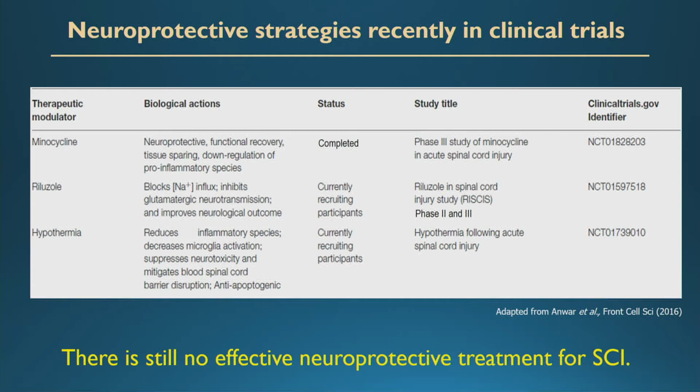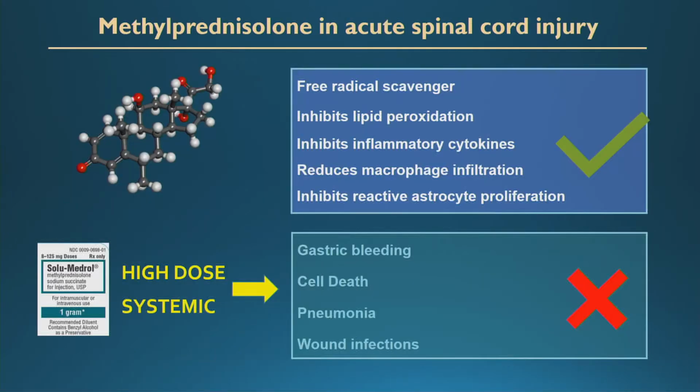However, at the moment, we don't have an effective therapy for spinal cord injury. It's very much needed. The drug that has been more studied is methylprednisolone. There were 3 clinical trials looking at the effects of methylprednisolone. I'll start by saying this is a very controversial treatment option.